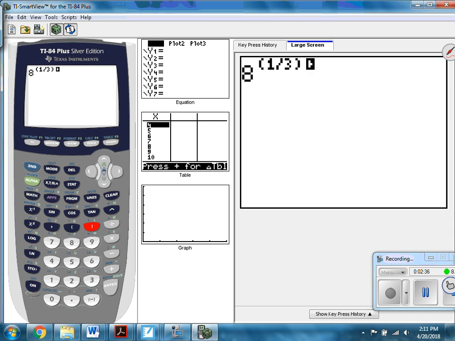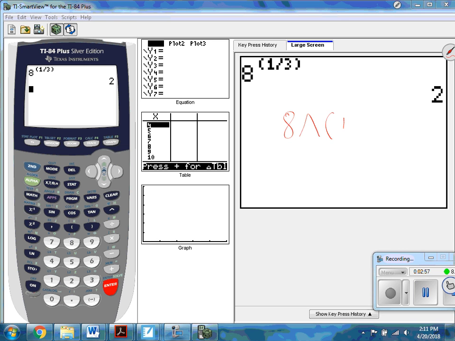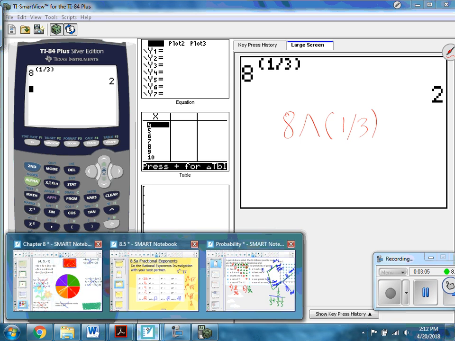It's a newer operating system, but if you get the caret, you have to put 1/3 in parentheses, and it will show you that that's a 2. Right, so you must have a newer operating system. But for some people, theirs shows up like this. And then they have to type in 1/3, or else it will just take 8 to the 1st power and then divide that answer by 3, which is not the same thing.